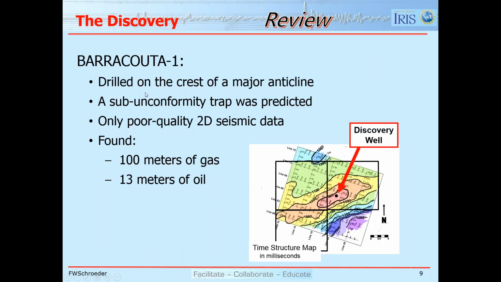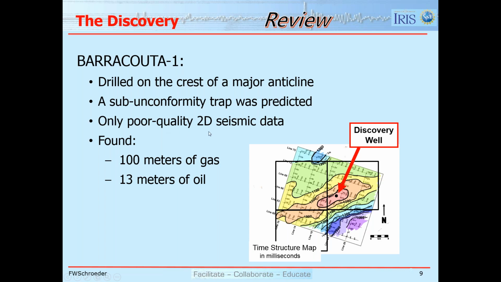We've been using Barracuda in the Gippsland Basin offshore Australia for a lot of our exercises. In this case, the Barracuda 1 well was drilled at this location. The hotter colors are the crest of an anticline. We drilled near the crest. It was a sub-unconformity trap.